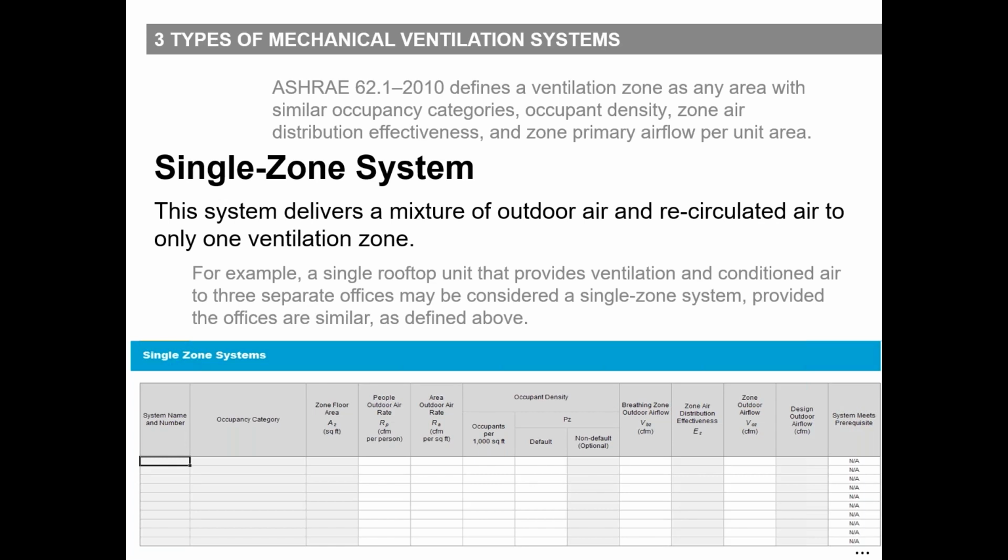A single zone system is going to be a mixture of outdoor air and recirculated air in the building going to only 1 ventilation zone. So if you've got a rooftop unit that's bringing in air from the outside and that mixes in with the recirculated air and it all goes to similar offices, then that would be a single zone system.